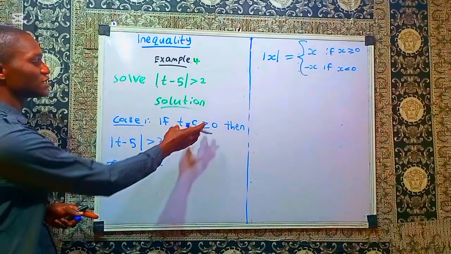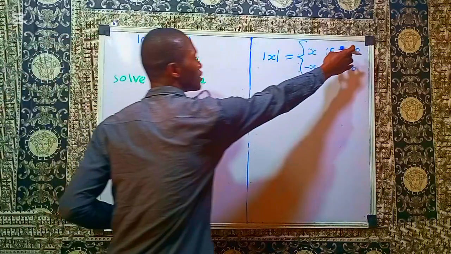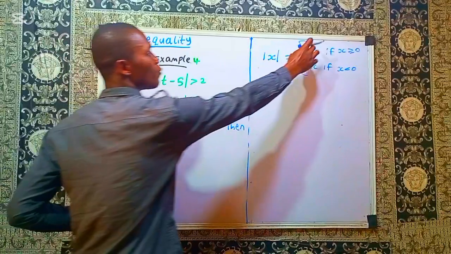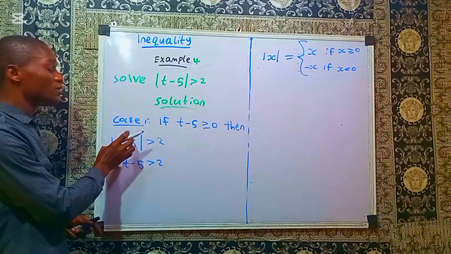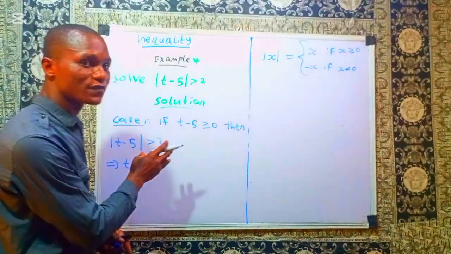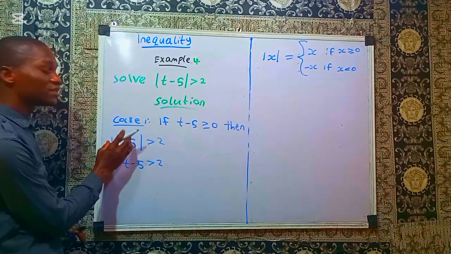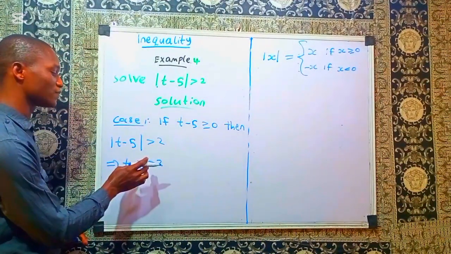Because if what is inside the absolute value is greater than or equal to 0, the absolute value of that quantity remains the same quantity. So t minus 5 remains t minus 5.